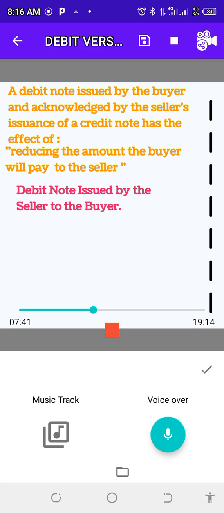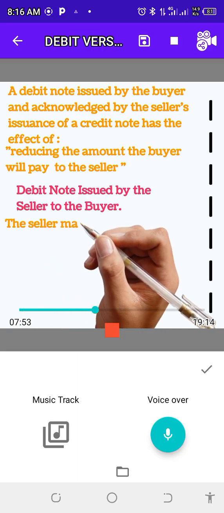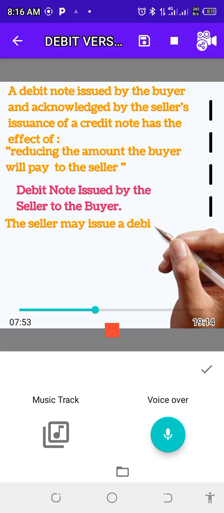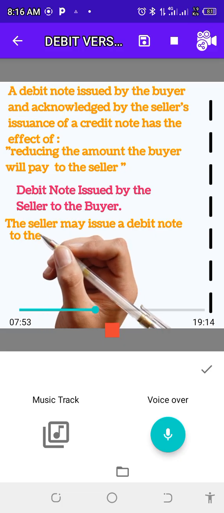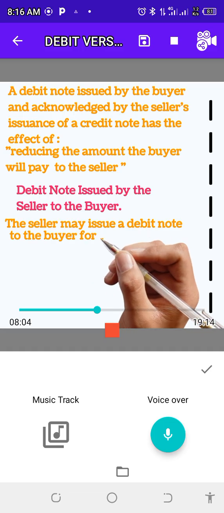Now, the seller may issue a debit note to the buyer for two major reasons. One, if the buyer is undercharged.